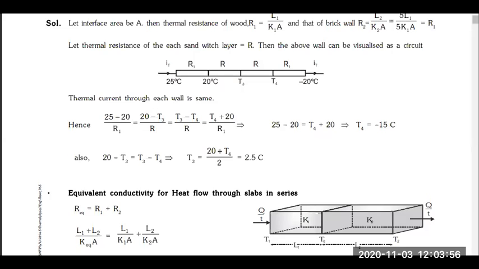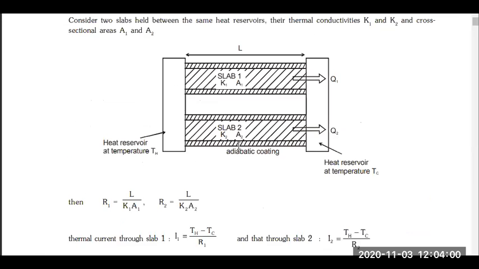Now parallel is again the same as what we have studied in current. In this case, the temperature difference between the two endpoints of the slab should be the same, because when we talk about electric current, the potential was the same. Here the potential is temperature, so the temperature difference should be the same.